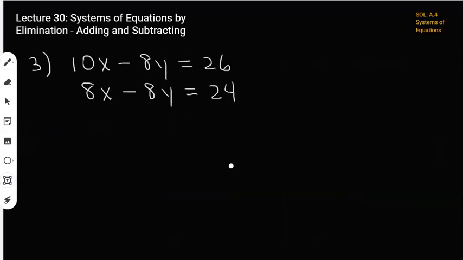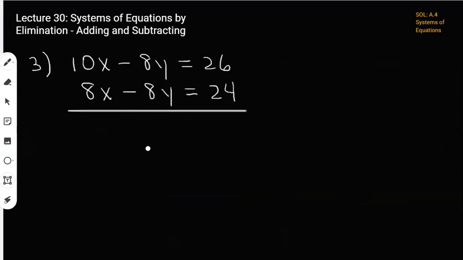So what I want to do for this problem is either add or subtract to get 0x or 0y. Now, notice that the x numbers do not match up. I have a 10 and an 8, and there's no way that I can get 0x from that. But if you look at the y numbers, they match up. I've got a negative 8 on top and a negative 8 on the bottom.